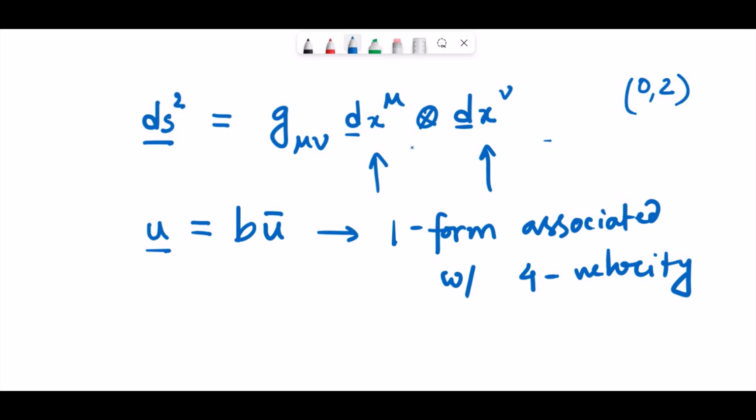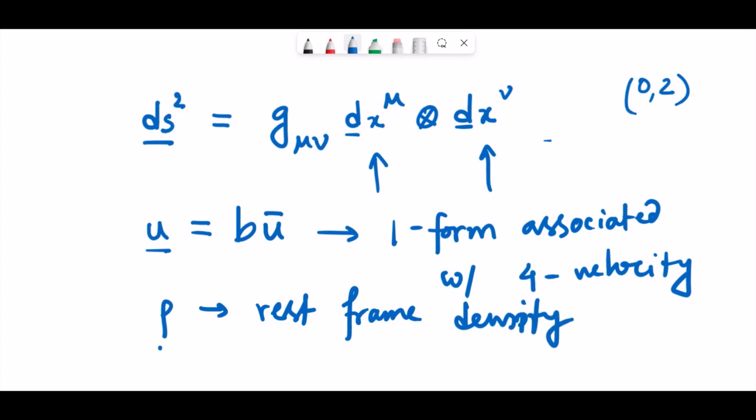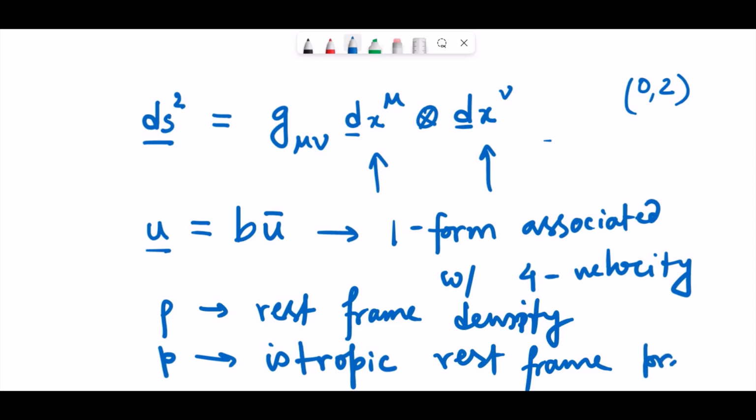And this is also defined at every point or every particle of the fluid. And then we have rho, which is the rest frame density of the fluid, right? And we also have P, which is the isotropic rest frame pressure associated with the fluid.